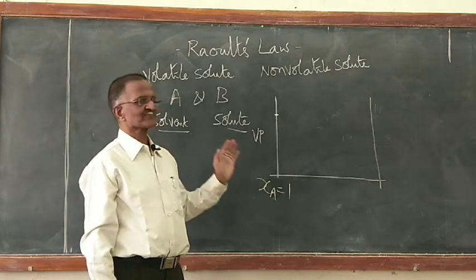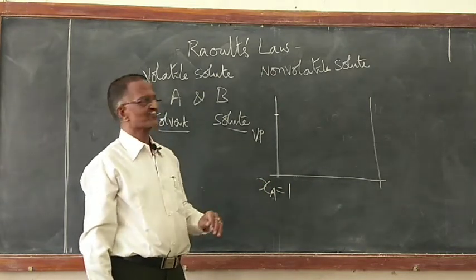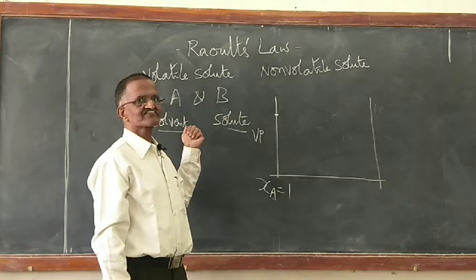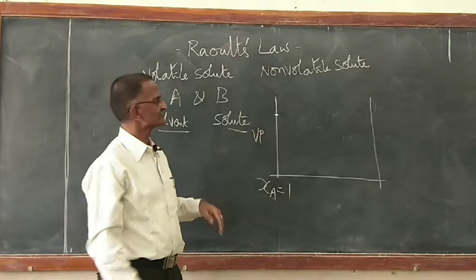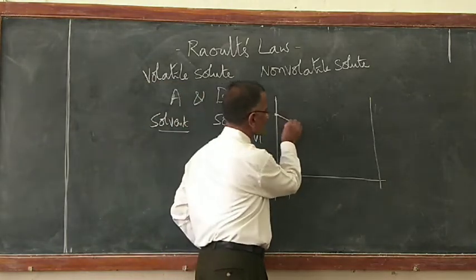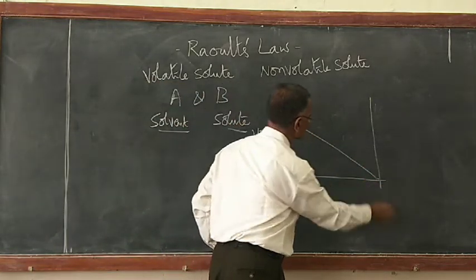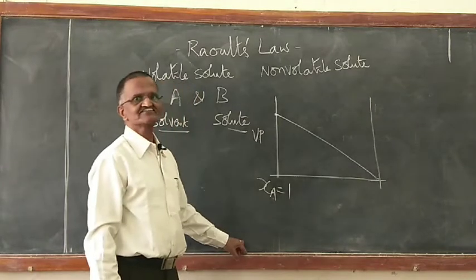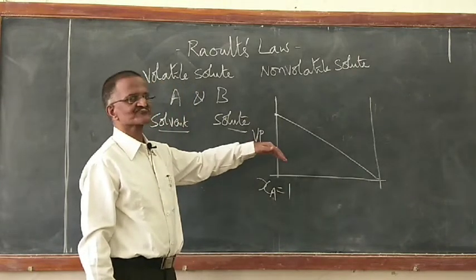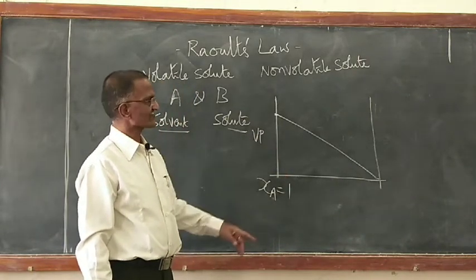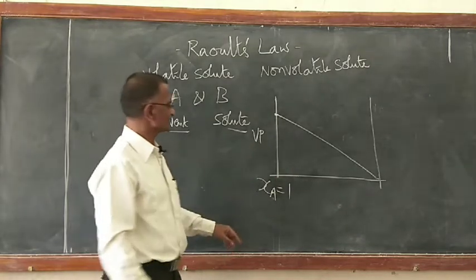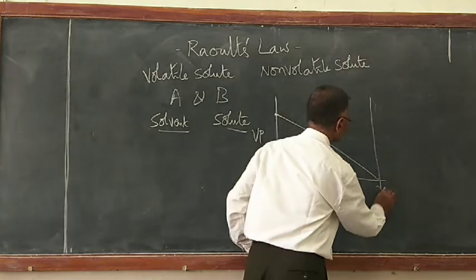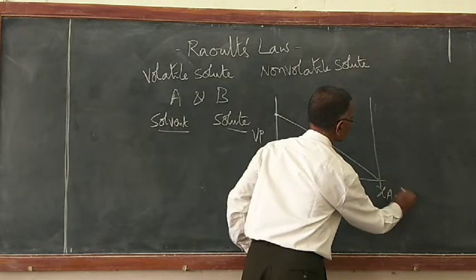So when I plot a graph of how the vapor pressure contribution of A depends, as the mole fraction of A goes on decreasing, its vapor pressure contribution goes on decreasing. Finally, at the right end of the graph, what do I have? Xa equal to 0.